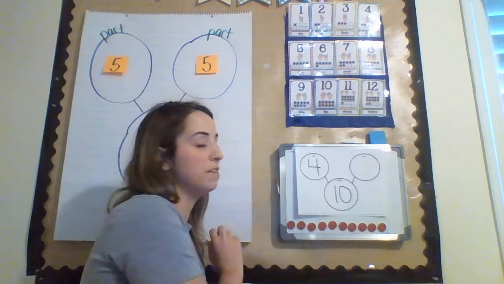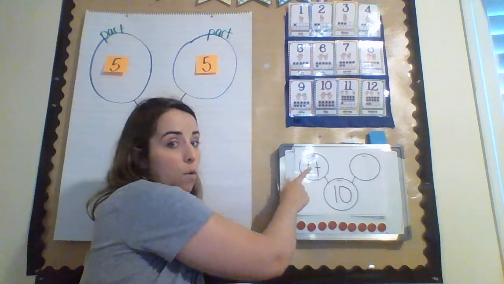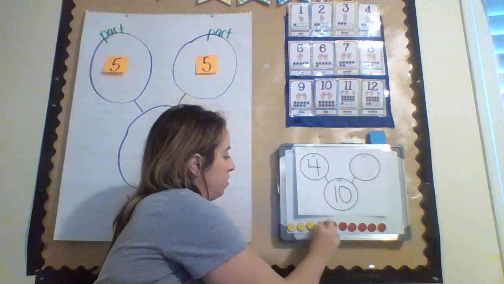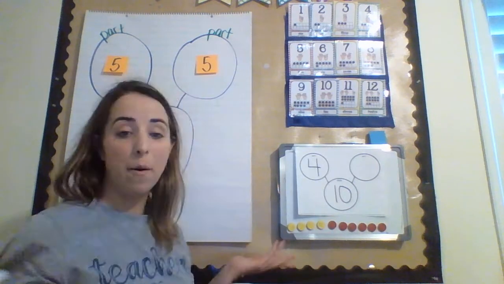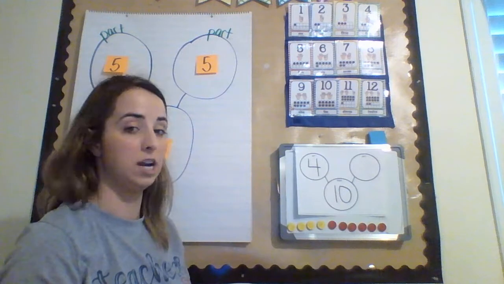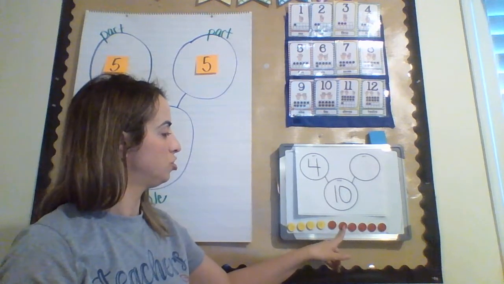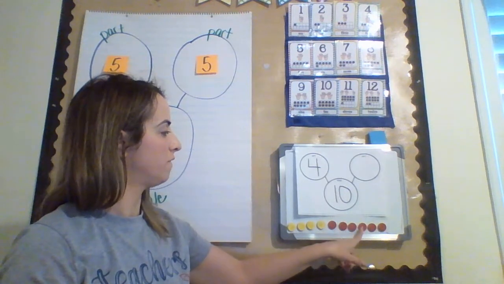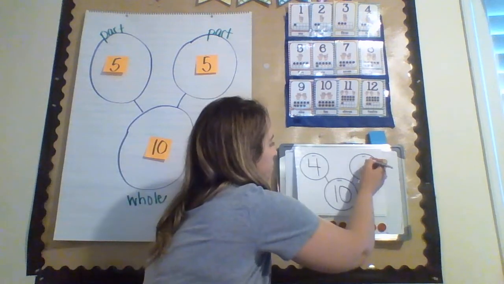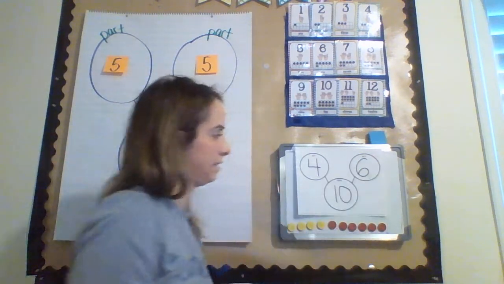I know I need to flip over 4. 1, 2, 3, 4. Now I can count how many red counters I have left to figure out my other part. Here we go. 1, 2, 3, 4, 5, 6. Awesome. 6.